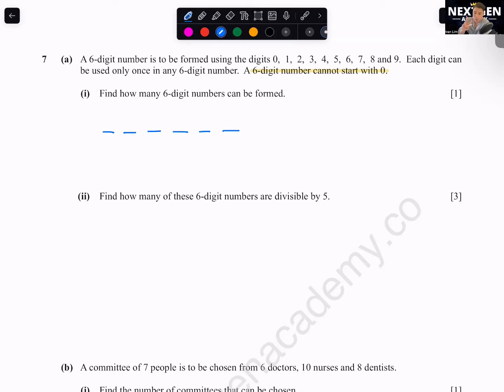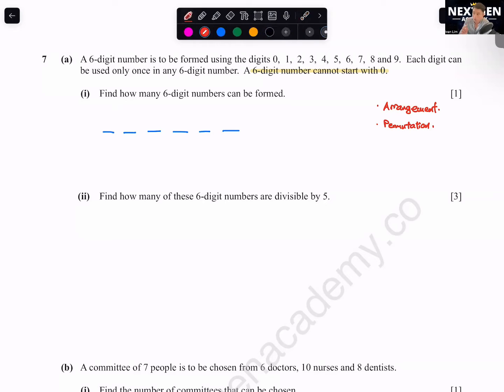There are two ways that you can do this. You can either use the arrangement type of method, or you can use permutation. Both answers will be the same. Arrangement method means you just put into the spacing here how many choices you can put in each space.